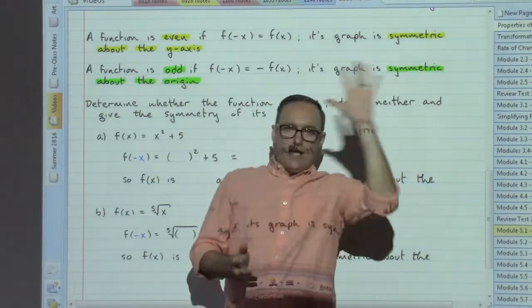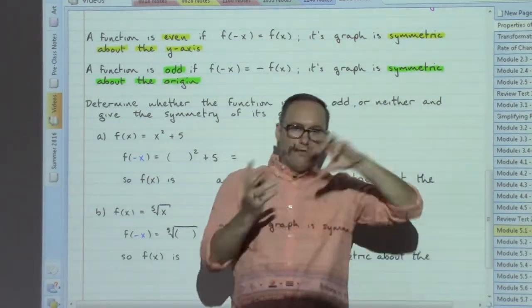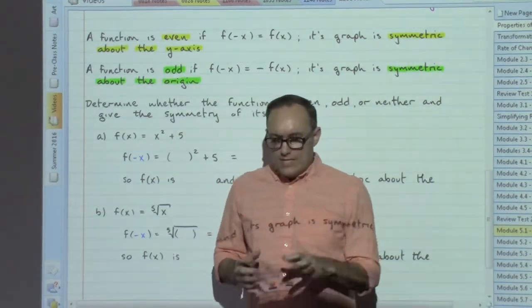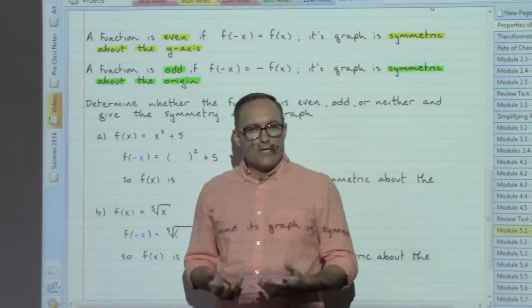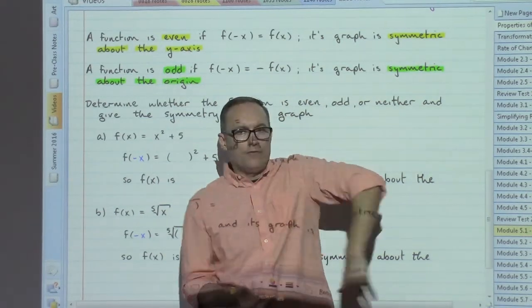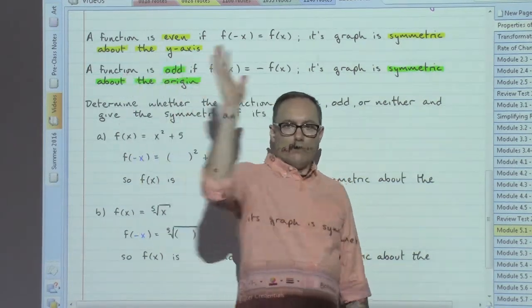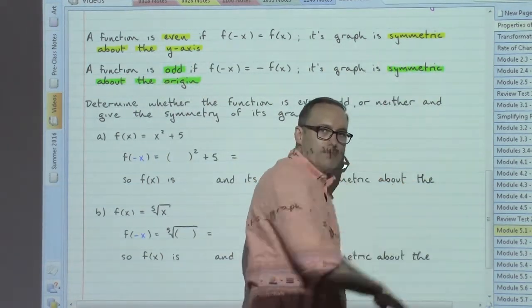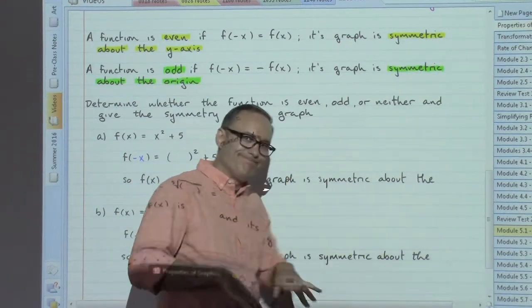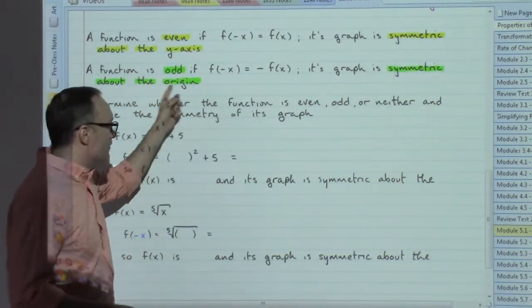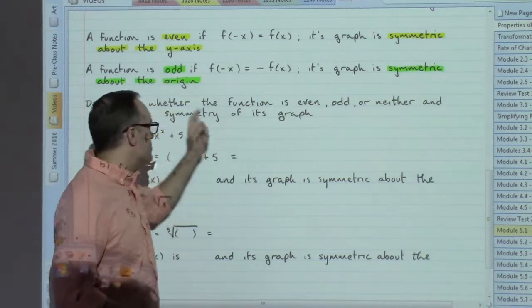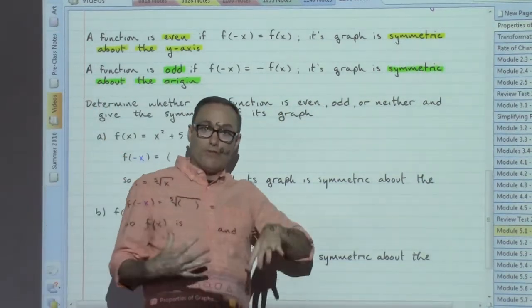So there's that kind of reflecting business that happens, kind of like a double reflection. If we reflect and reflect, there we go. And if we reflect and reflect, yep, there we go. So you could say that symmetric about the origin is like this double reflection.